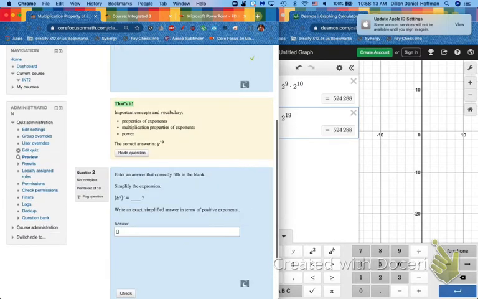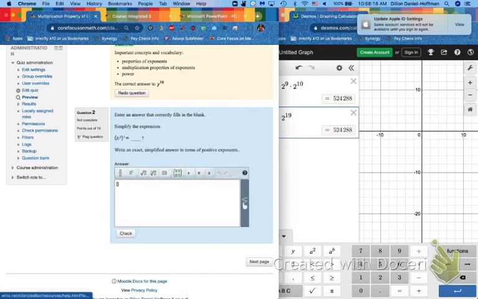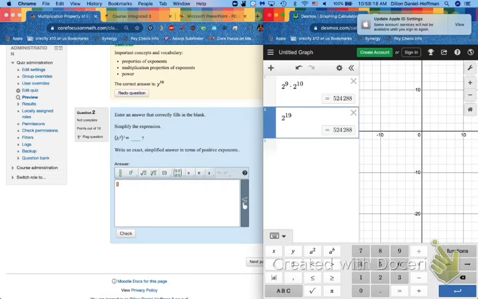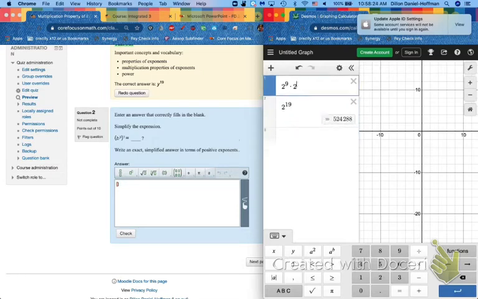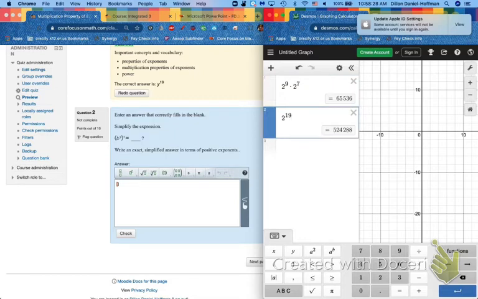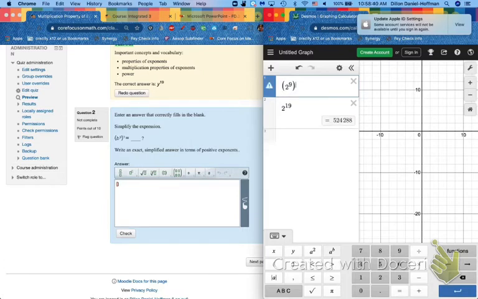The same thing with the next one. b to the 9th, b to the 7th. I say, okay, 9 plus 7 is 16. So let's try this. 2 to the 9th, 2 to the 7th. Let me write it just like that. I'm going to copy it just like that. 2 to the 9th, parentheses and everything, and then this is to the 7th power above that.